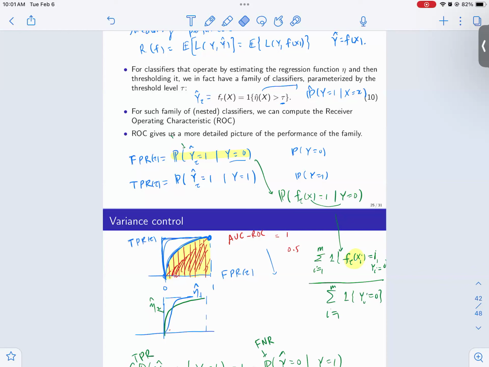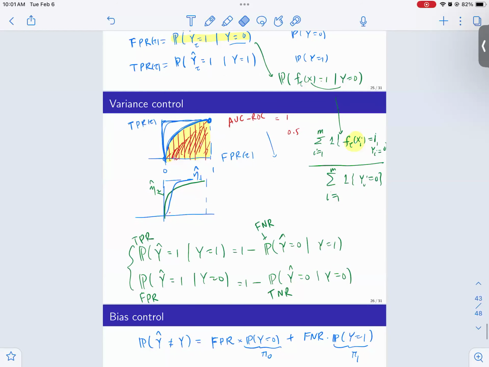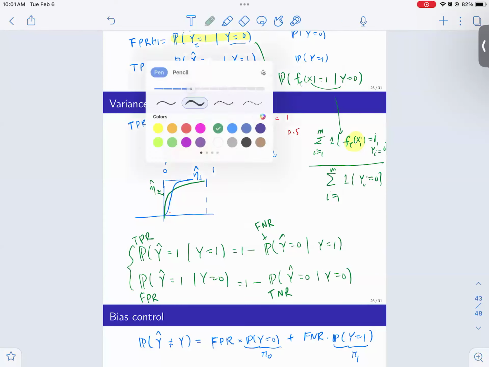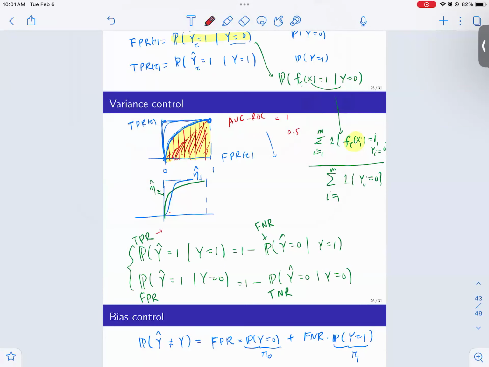So there are other variations. Given these four probabilities, you can define other measures. If you look up Wikipedia, if I'm not wrong, I usually mix these up, but this is also called sensitivity. And 1 minus this is called the specificity.